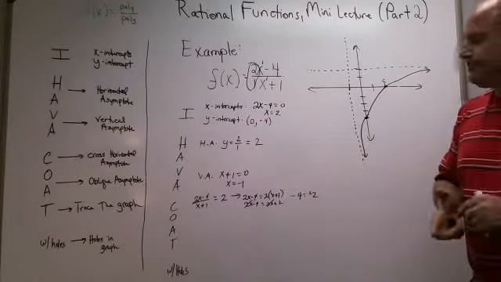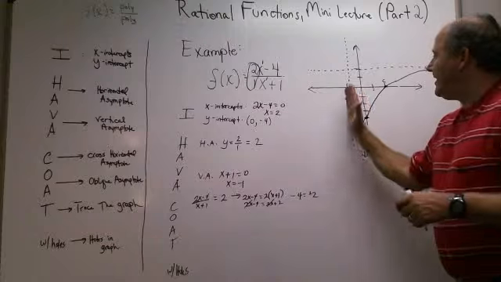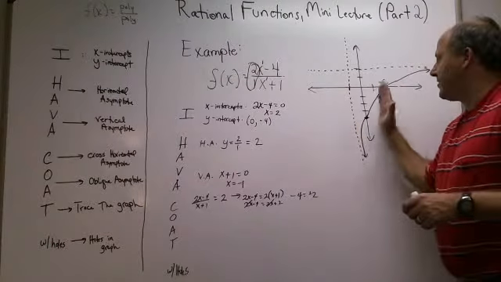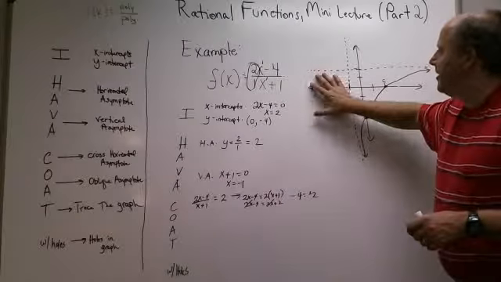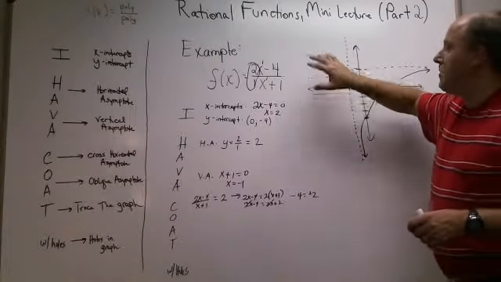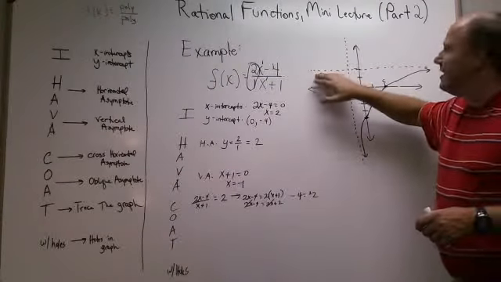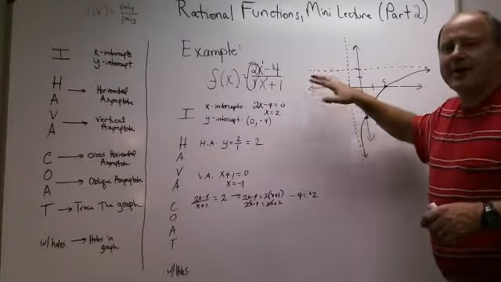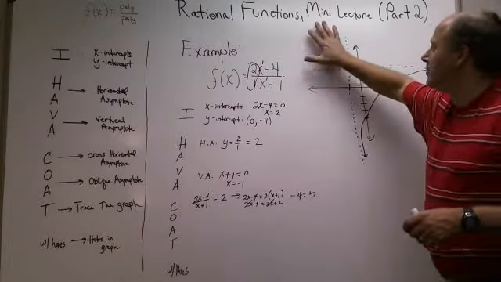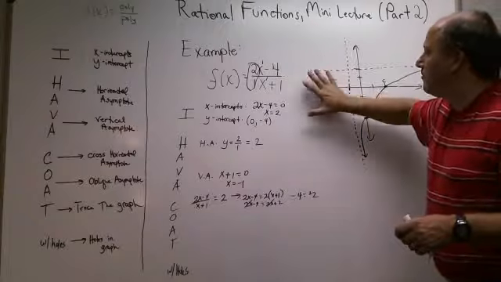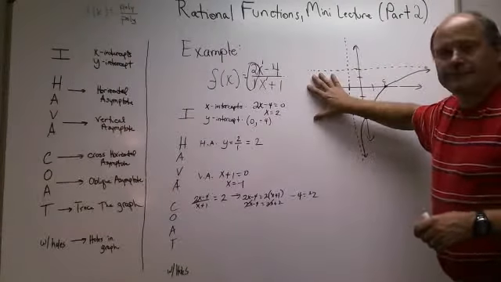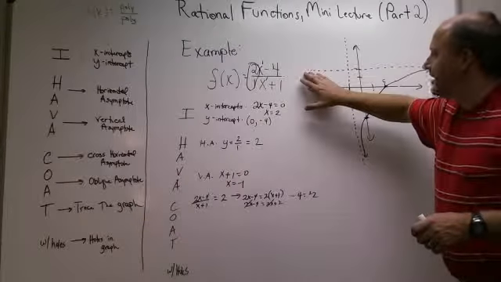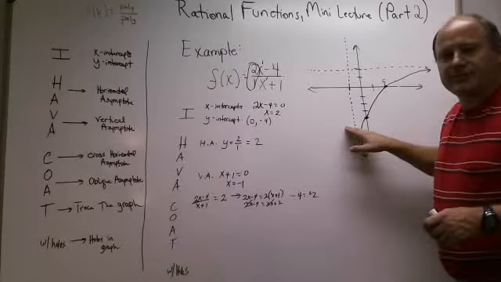Now, here's the deal. When we go on the left side of -1, it's either going to be up here or down here, because you have to remember, it doesn't cross the horizontal asymptote. So the graph itself is compartmentalized. It's either completely down here or completely up here, one or the other, but not both. Now, if it's down here, it has to get close to this asymptote and close to this asymptote.